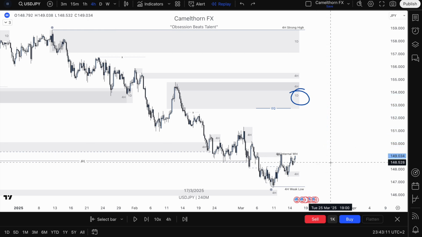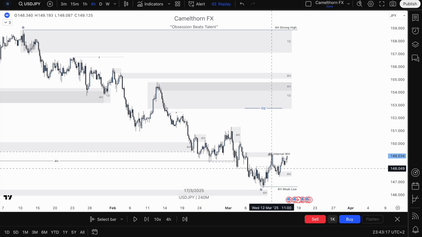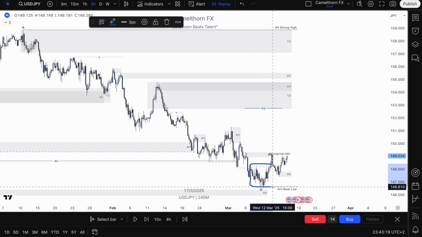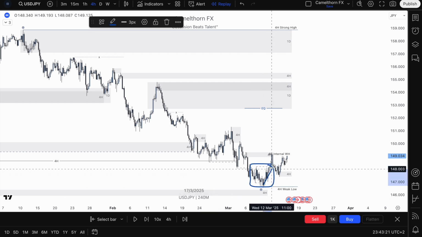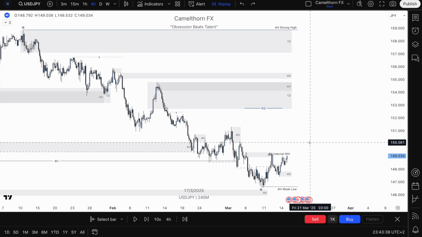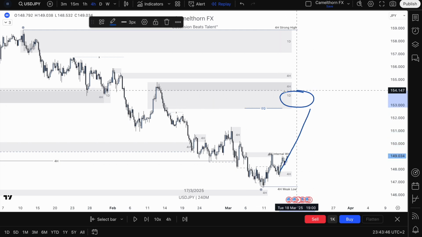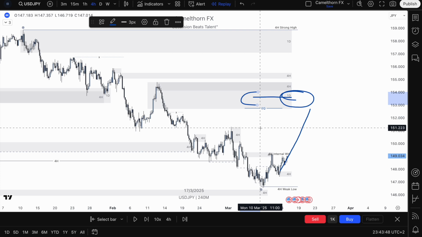Now, as much as our 4-hour external structure was bearish, the fact that my internal structure had shifted bullish in here to facilitate and signal the start of my 4-hour pullback phase meant that I now had a medium to short-term bullish directional bias, as I was anticipating a 4-hour pullback up into this daily supply zone.